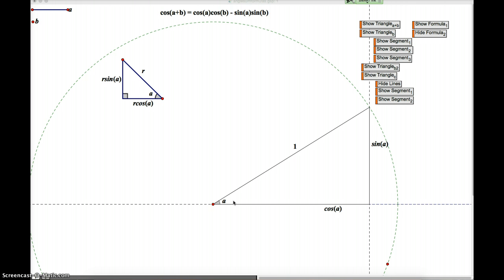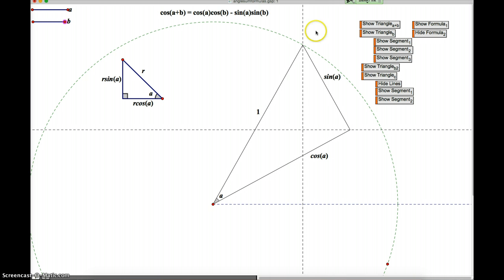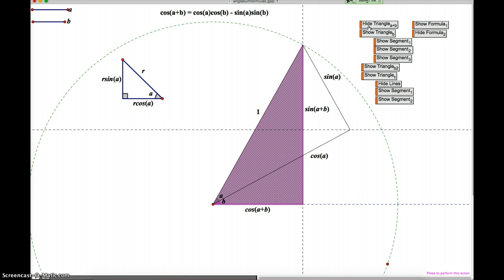So we're going to rotate this triangle by some angle which we're going to call B. Our goal triangle then will be this triangle, A plus B is what we named it.